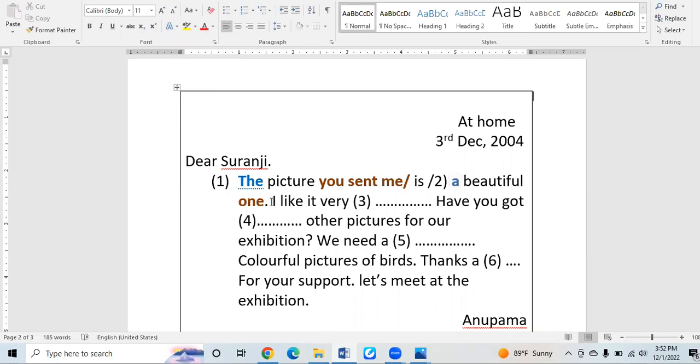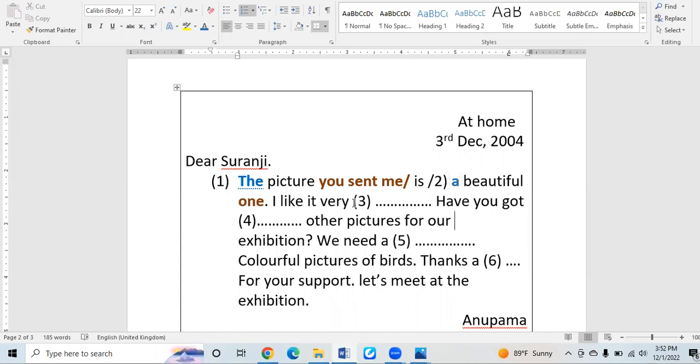Okay. Now look at the other sentence. "I like it very". Here, H is capital. That means another new sentence has been used from "Have". Okay. Then here, "I like it very". Very is an adverb. So it has come here to explain more about another adjective or adverb.